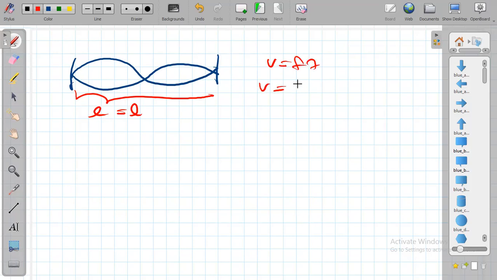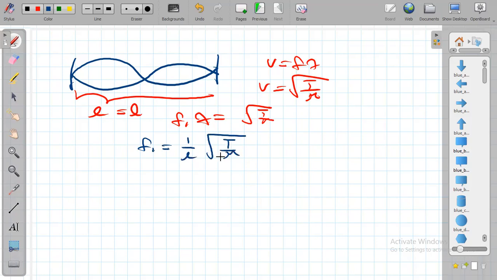From the other one, v is the square root of T over mu. So f1 lambda equals the square root of T over mu, and lambda equals just L. The equation looks like this: f1 equals 1 over L times the square root of T over mu.